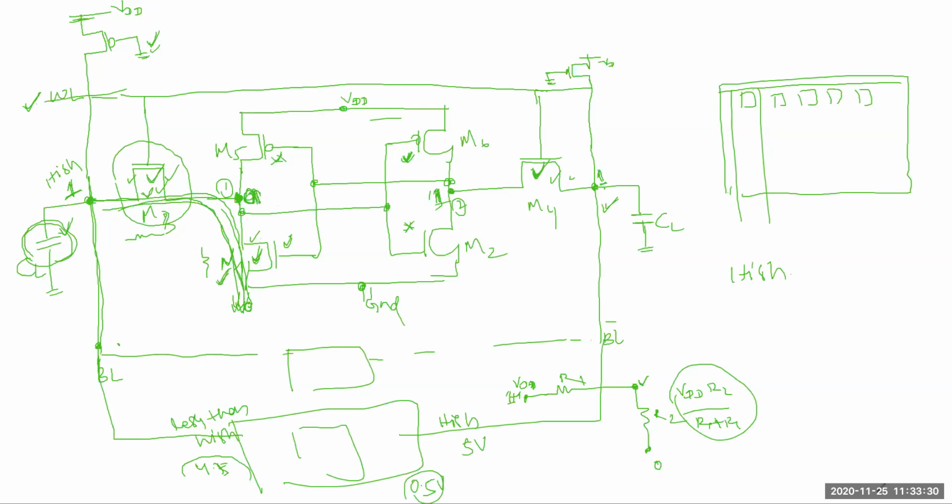Can anyone say when this stored value will be destroyed? It's a simple common sense question. Say when this value will be destroyed. So this is VDD.